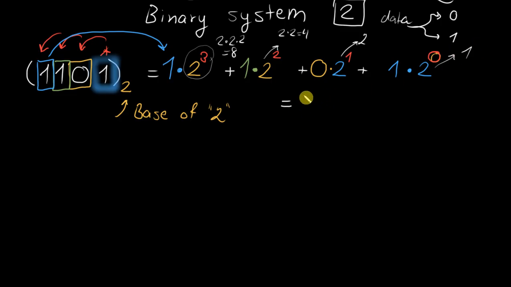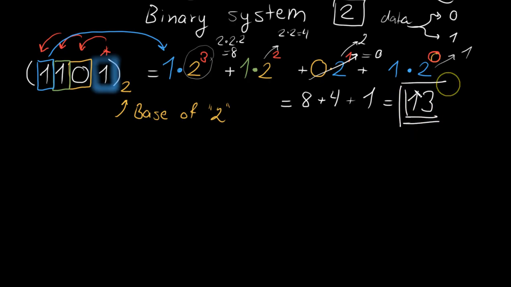So we have 8 plus 4, plus 0 because anything times 0 is 0, plus 1. So the result, this number, if we would write it using a computer in data points, is 13. And that's the basics of a numerical system and a binary system.